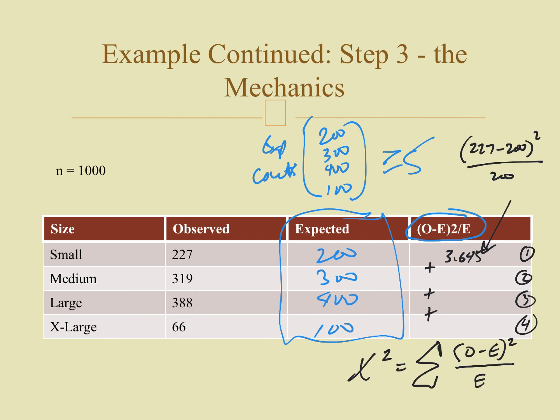3.645. Now, for our purposes right now, that 3.645 is not number of standard deviations from the mean. It's not anything like we've seen in these last couple of units. So don't get too caught up in the specific meaning of that, because it means something a little different depending on our sample size, or number of groups is really more important.